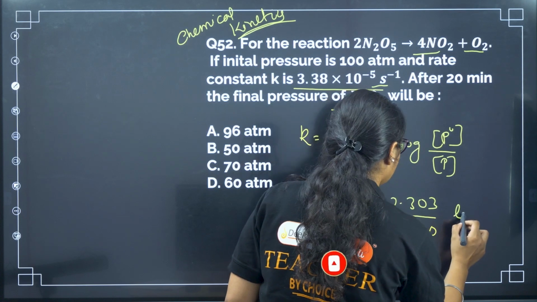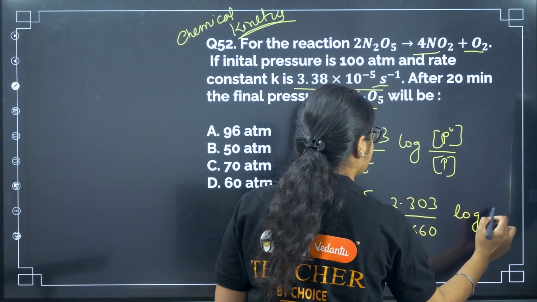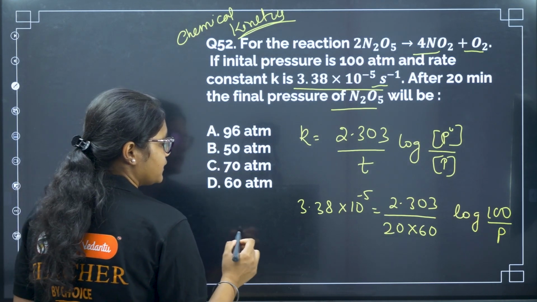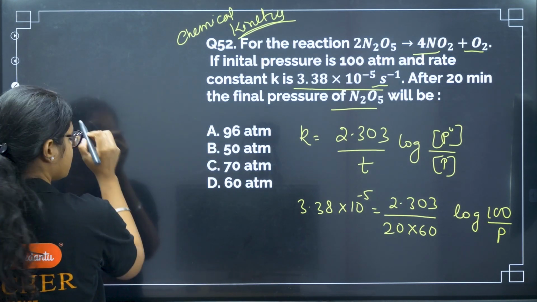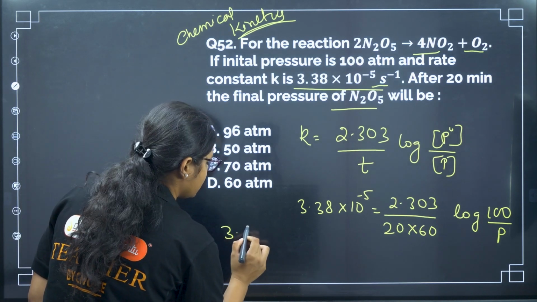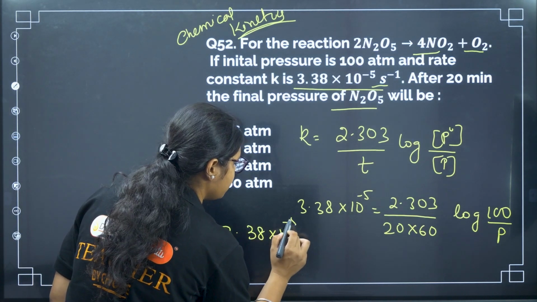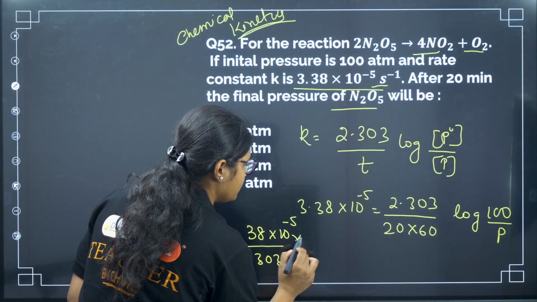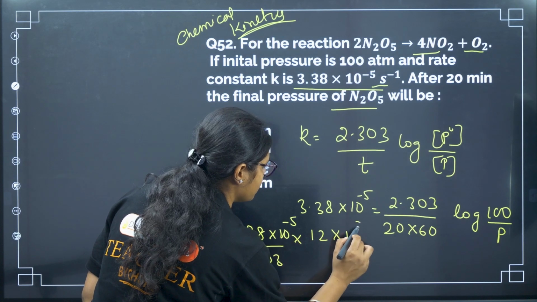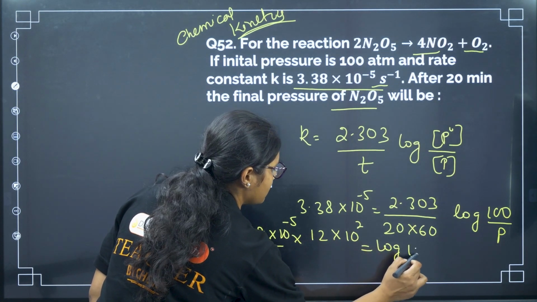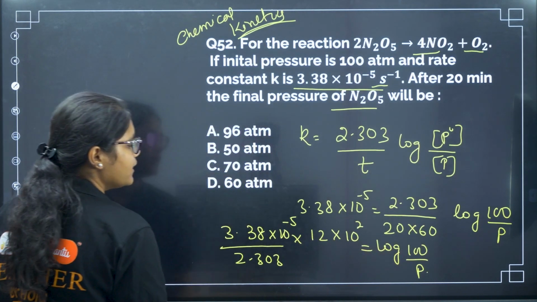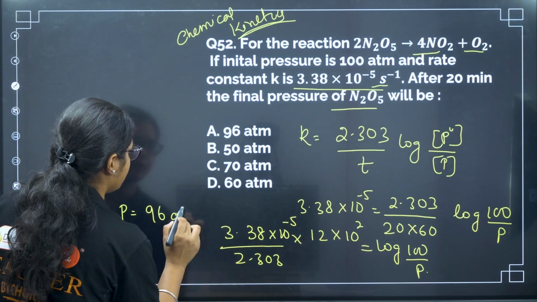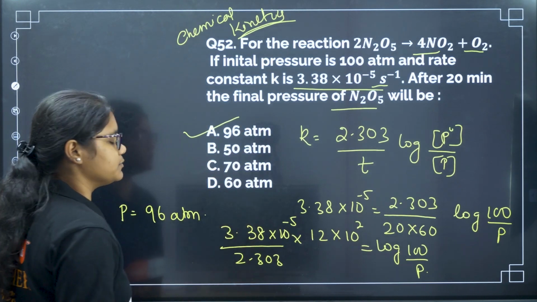And then log of initial pressure given is 100 by P. So now if you solve this, 3.38 into 10 to the power of minus 5 by 2.303 into 12 into 10 to the power of 2 is equal to log of 100 by P. So now if you solve this value, we will get P value around 96 atm. Okay, so the correct answer for this question will be option number A.